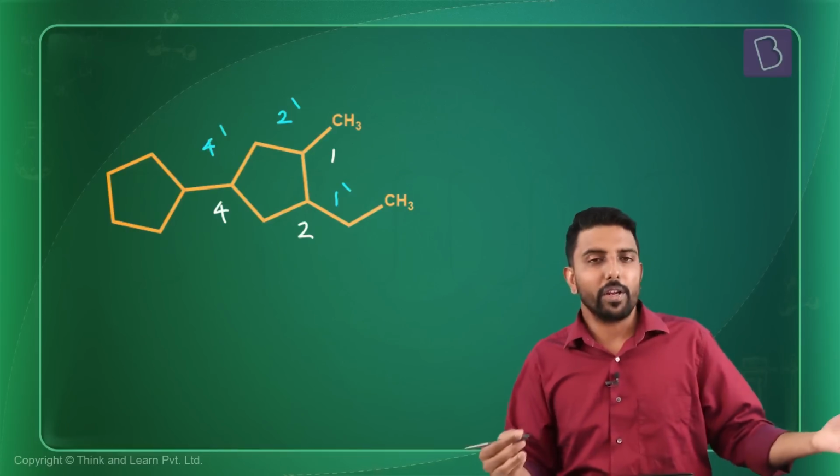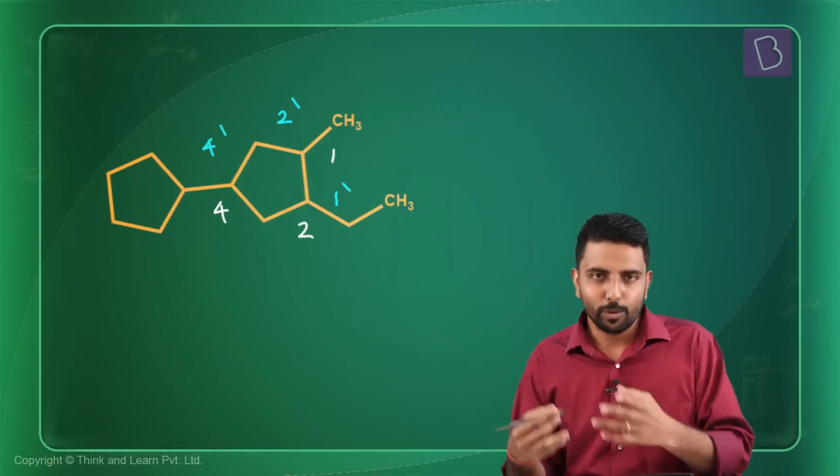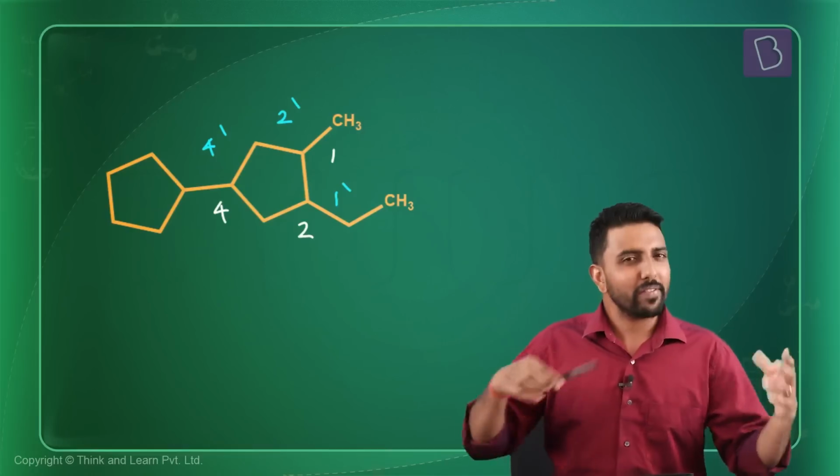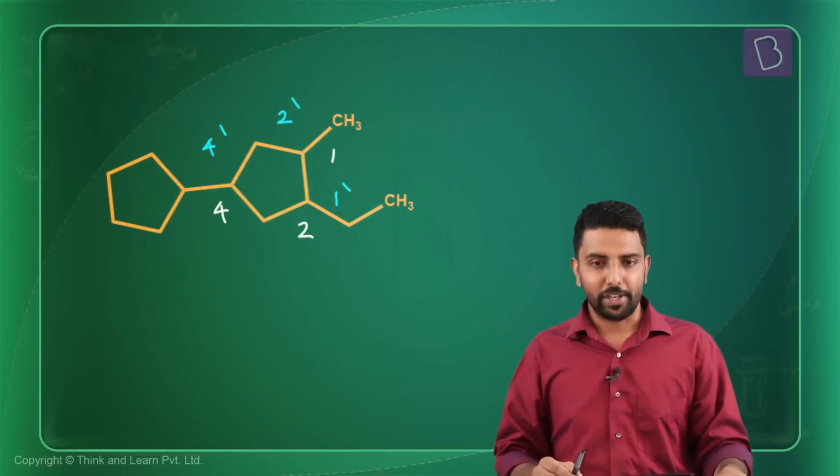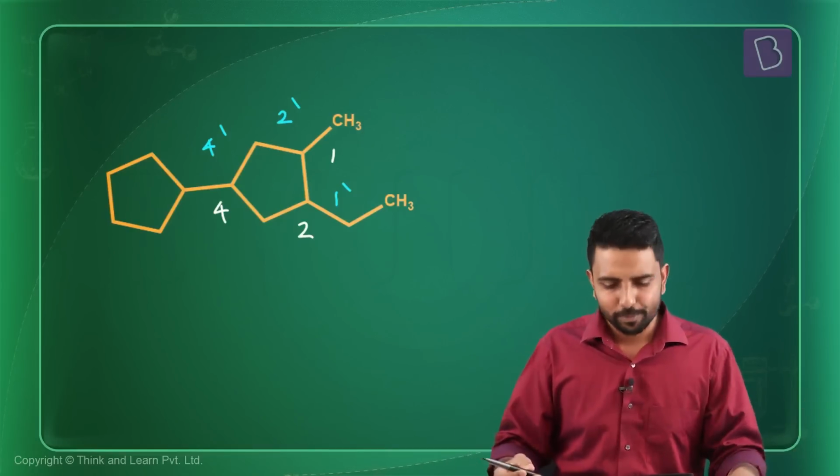So either way, we end up with 1, 2, 4. So having figured out the right way of numbering this particular carbon chain, how do we name it?